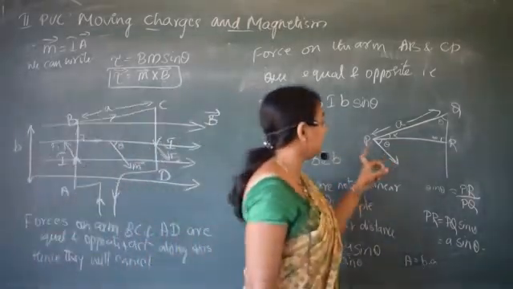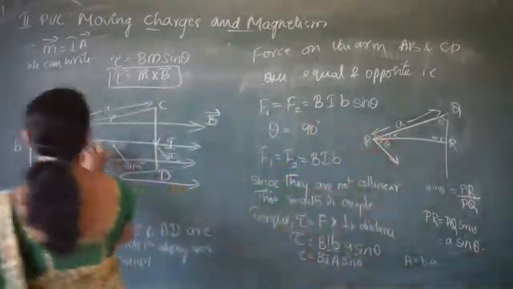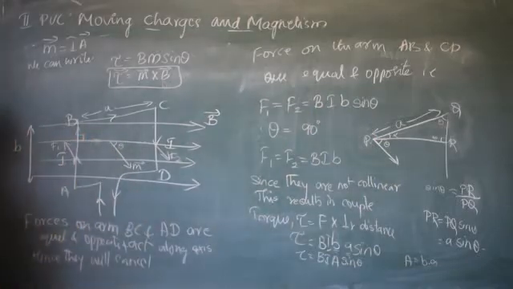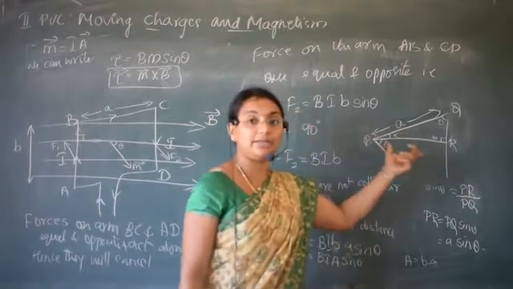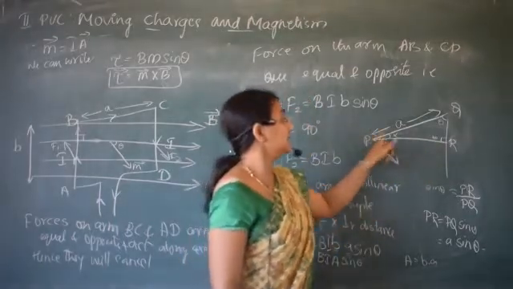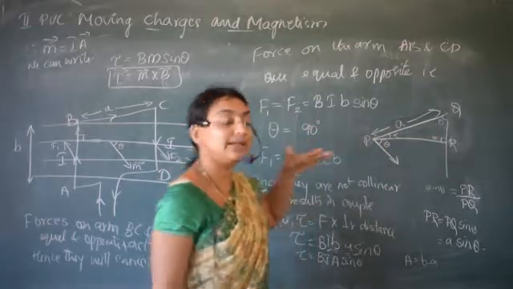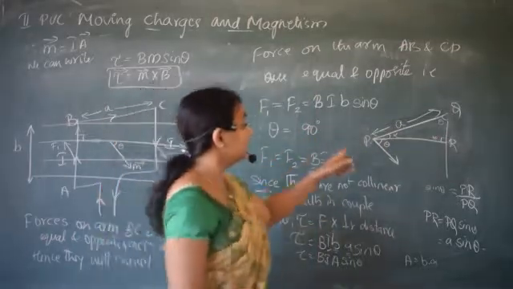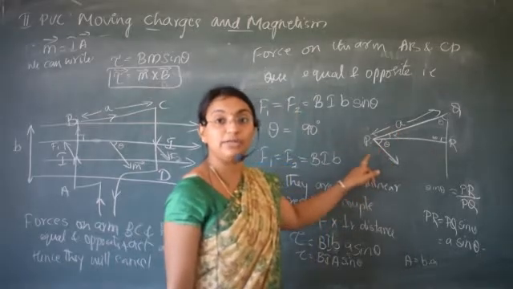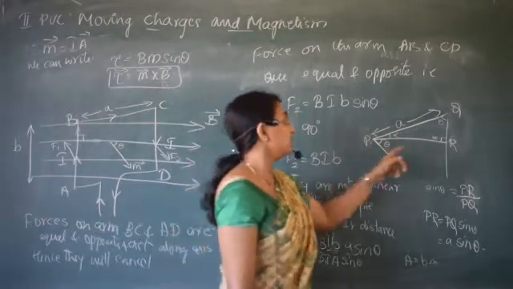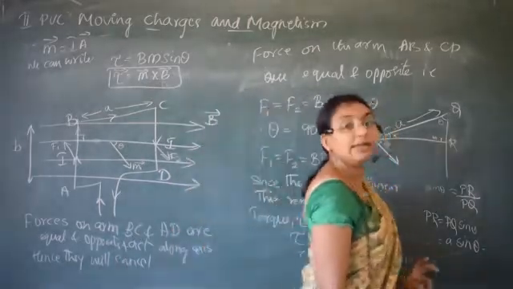Theta is the angle between the normal and the horizontal, that is the perpendicular distance, and this is the rectangular coil which we have placed. If this is theta, then this should be fully 90 degrees.